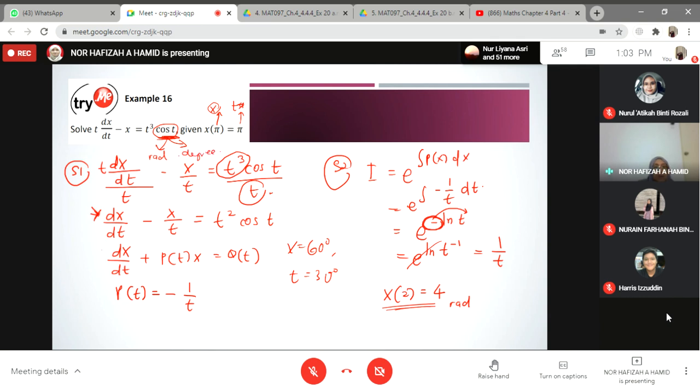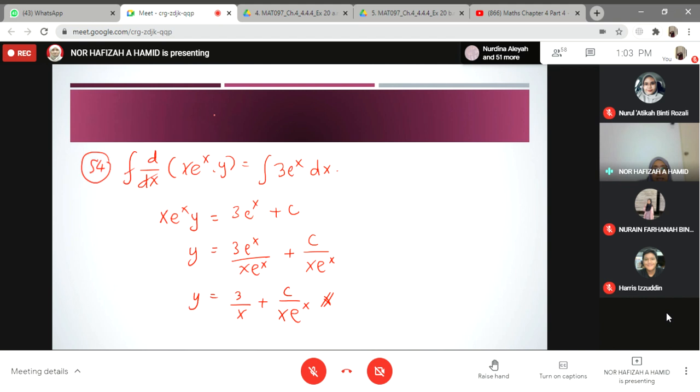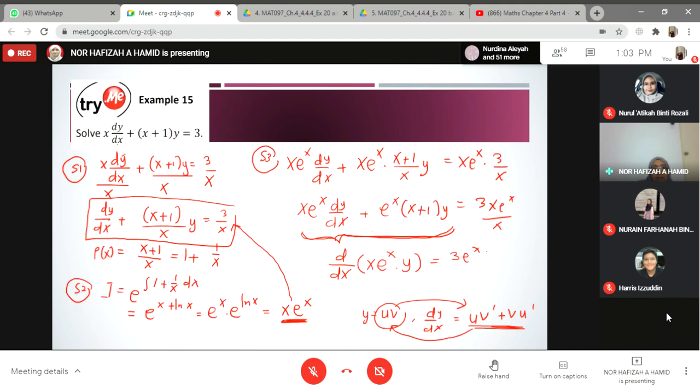Okay, so nak tengok mode dia mana satu, you tengok you punya initial condition tu. So initial condition tu dalam numbers macam ni, or in terms of pi, so mode calculator you must be in radian. Tapi kalau you punya condition tu in terms of degree, then mode calculator you in terms of degree je lah. Okay, dia hanya kalau trigonometry. Kalau example 15 tadi, example 15 ni tak ada trigonometry kan.